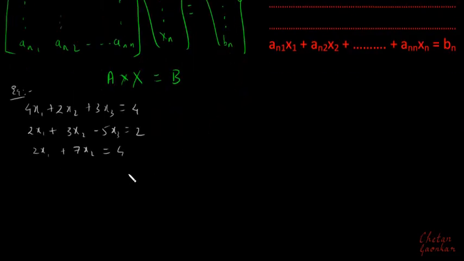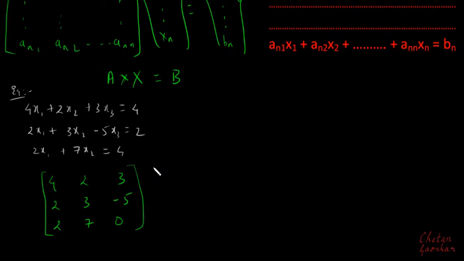The moment we get this kind of equation and need to solve it using Gauss elimination method, the first thing we will do is change this simultaneous linear equation into matrix form. This will be 4, this will be 2, this will be 3, this will be 2, 3, this will be minus 5, this will be 2, 7, and then in place of x3, we don't have any coefficient, so it will be 0.